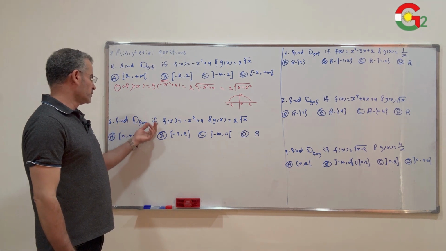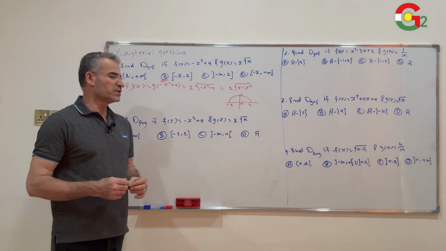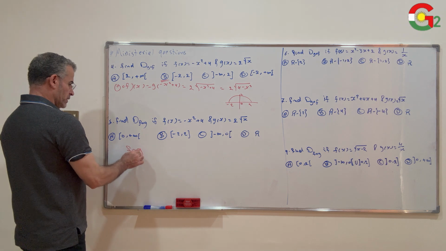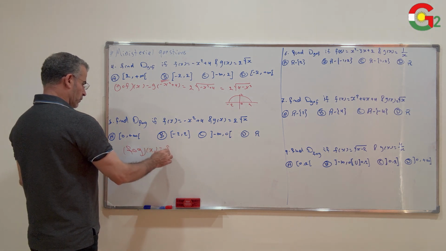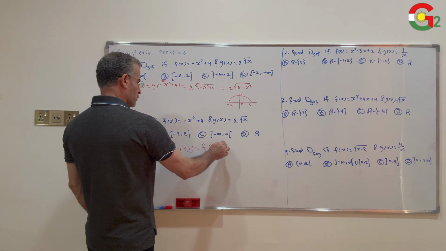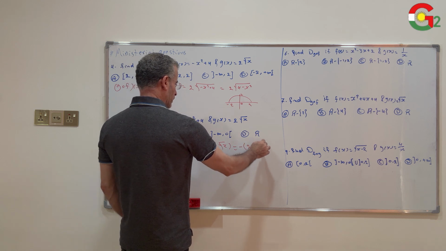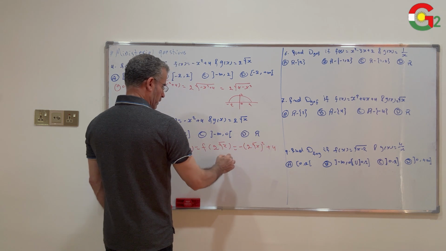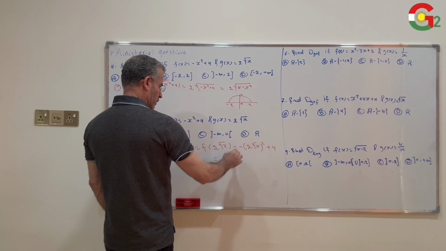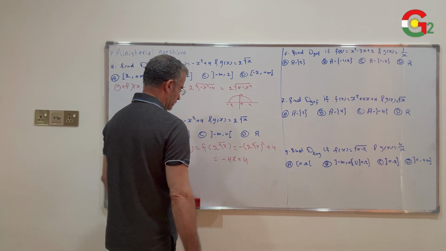Question number 5. Find f∘g if f(x) = -x² + 4 and g(x) = 2√x. f(g(x)) = f(2√x) = -(2√x)² + 4 = -4x + 4.